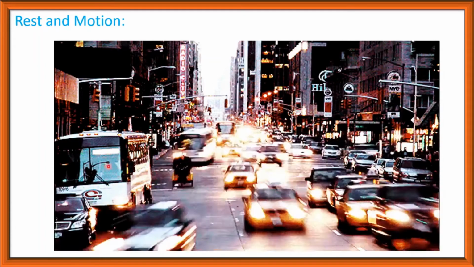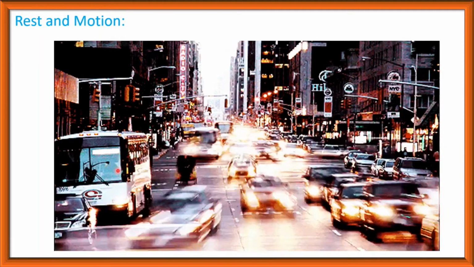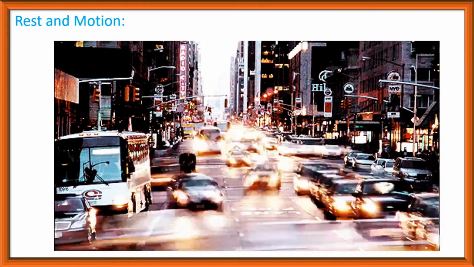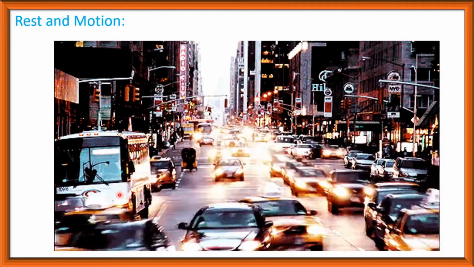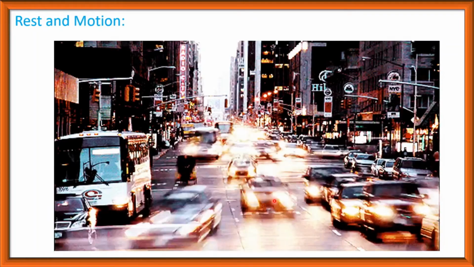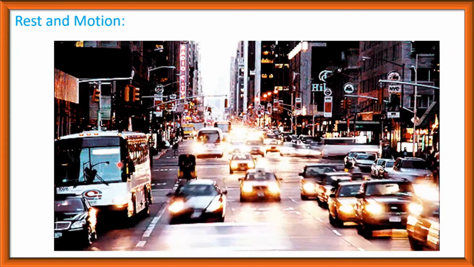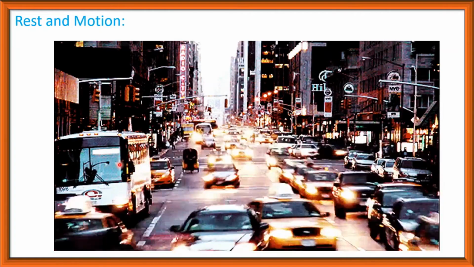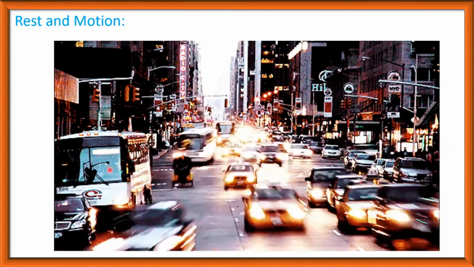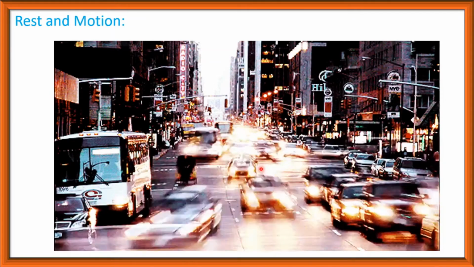And this bus, the position or distance of this bus is not changed with respect to the surroundings or this building, so its state is rest. So we can say these cars are in motion with respect to this building and this bus is at rest with respect to this building.